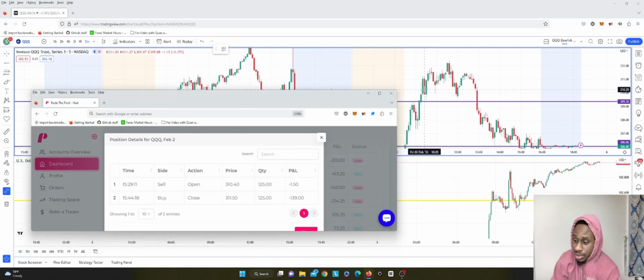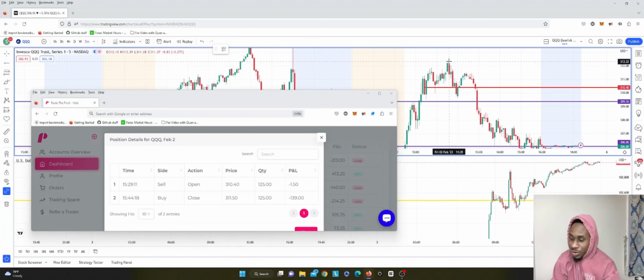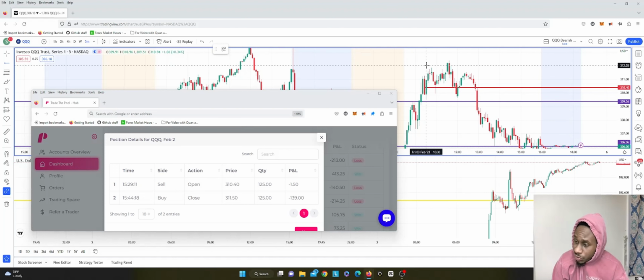Okay, so I entered at 10:25, 310.40. Perfect, right there, 310.40. I entered there to the sell side, but my stop loss probably got hit up here. Yeah, my stop loss would have to be above 312.30, like 312.50, for me to get that move to the downside. But it was still correct. That's the thing.